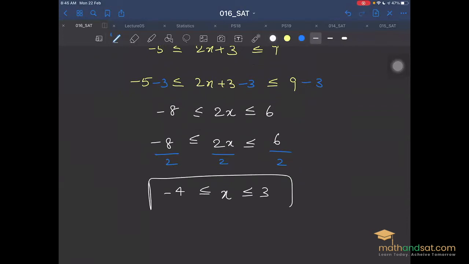Is that clear? Your x value lies between -4 and 3.